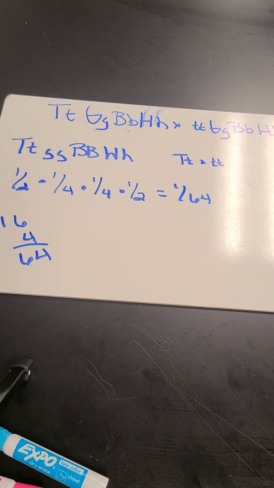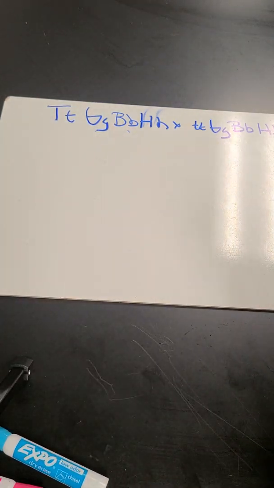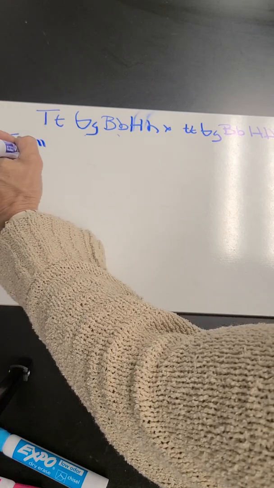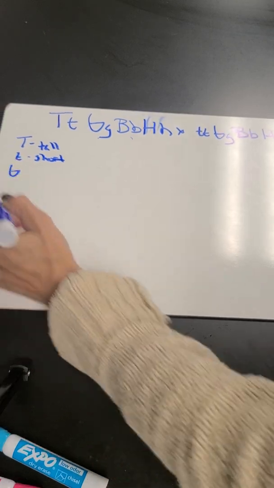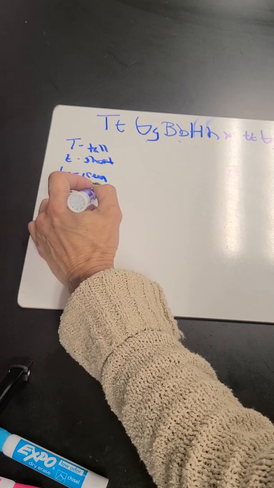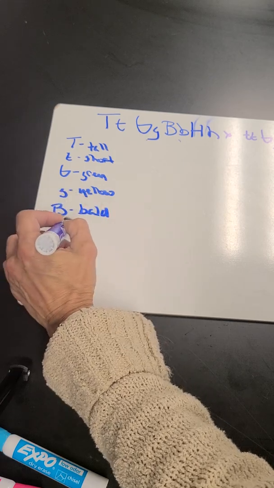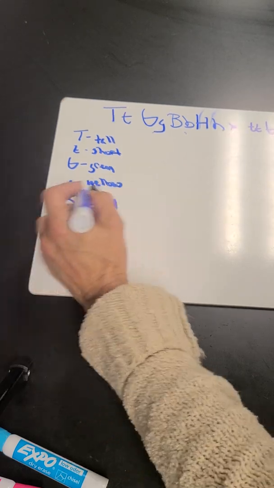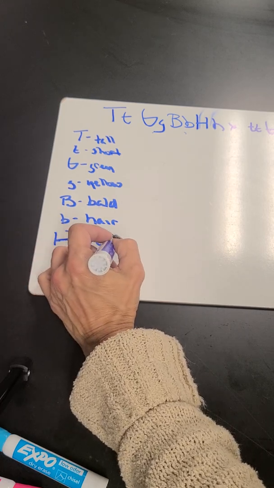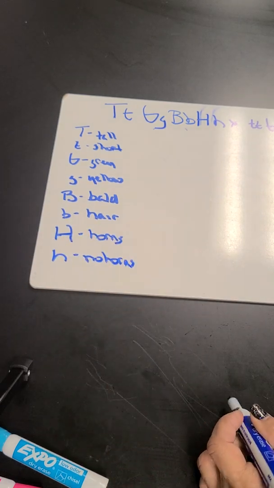Okay. Now, if I give you traits, and I think you do this, if this is big T is tall and little t is short, big G is green and little g is yellow, I don't know, big B is bald, little b is hair, I don't know when you'd want bald to be dominant, big H is horns, I'm just making stuff up, no horns, don't know what this creature is or what it would look like.